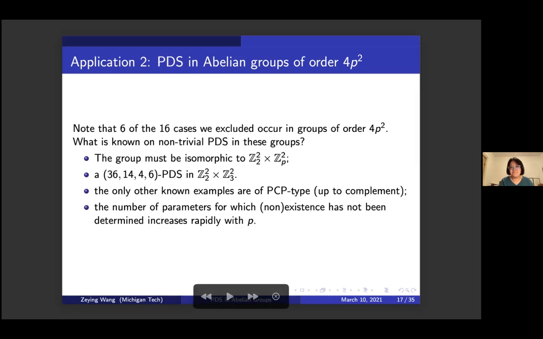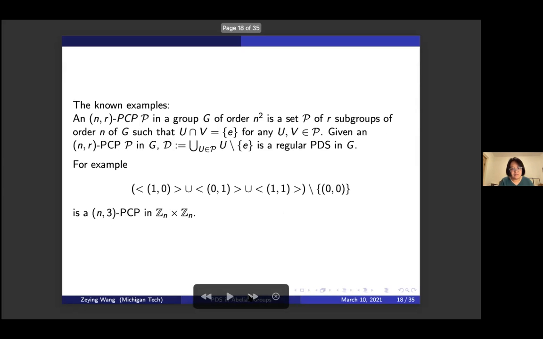So first I want to talk about PCP. A PCP partial difference set is, first you have a group of order n squared.